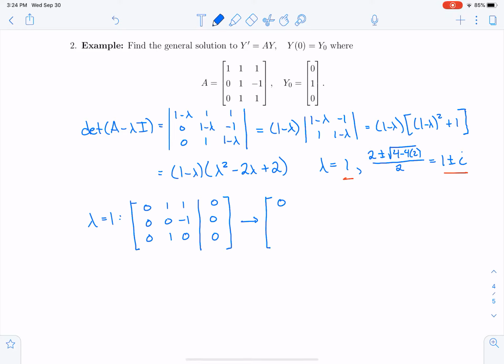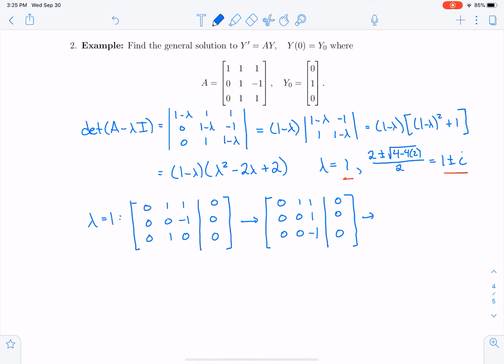So I'm going to have 0, 1, 1. I'm going to multiply the second row by 1 so that I'm going to get negative 1. So I get 0, 0, 1. And then when I subtract row 3 from row 1, I'm going to get 0, 0, and negative 1.